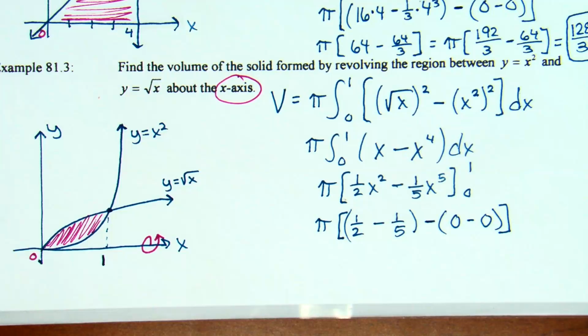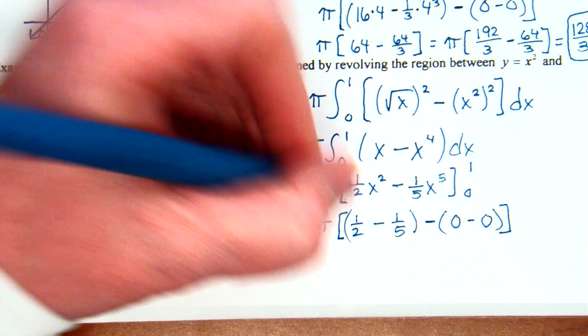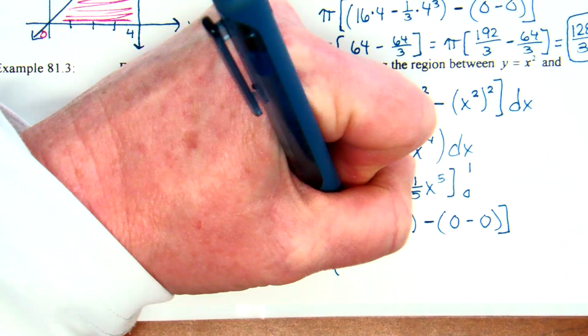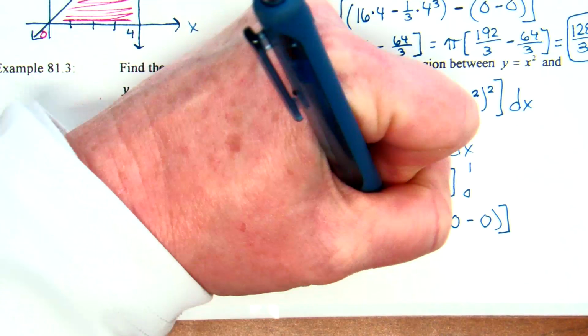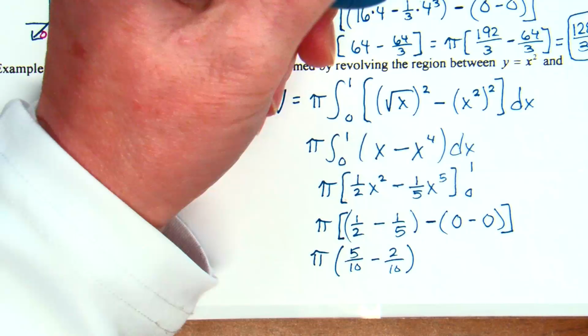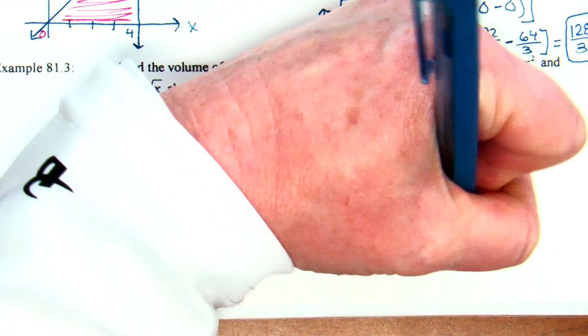Common denominator says tenths. 5/10 minus 2/10 is 3/10 pi. So 3 pi over 10 units cubed.